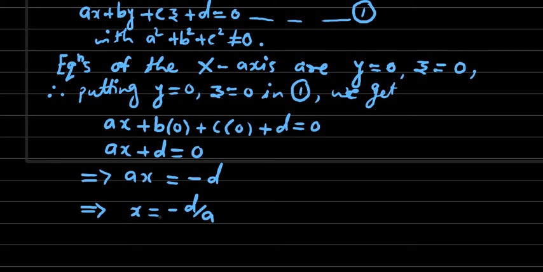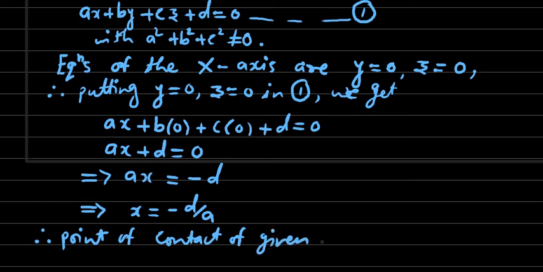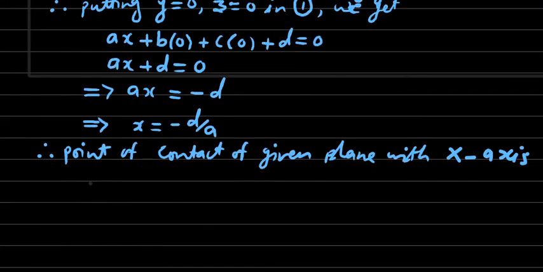So the x coordinate of the point where the given plane intersects the x-axis is minus d by a. Therefore the point of contact of the given plane with the x-axis is the point having x coordinate minus d by a.